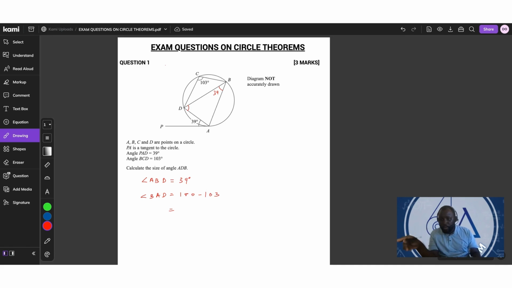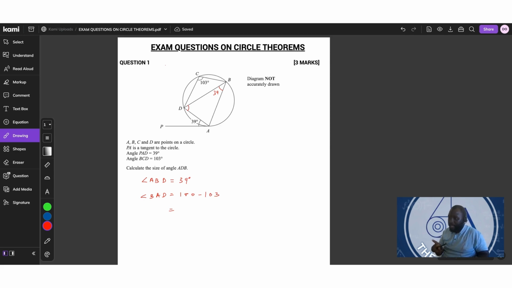The reason why angle BAD is 180 minus 103 is because if you look at ABCD, it has 4 vertices touching the circumference of a circle, and therefore it is a cyclic quadrilateral. And opposite angles in a cyclic quadrilateral add up to 180.